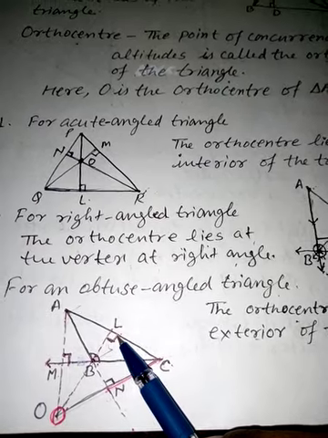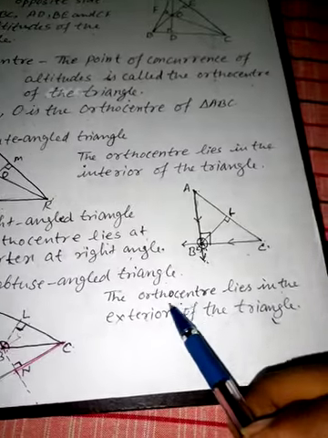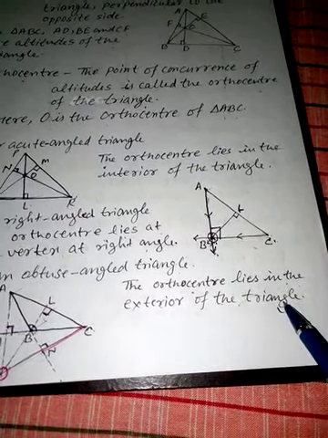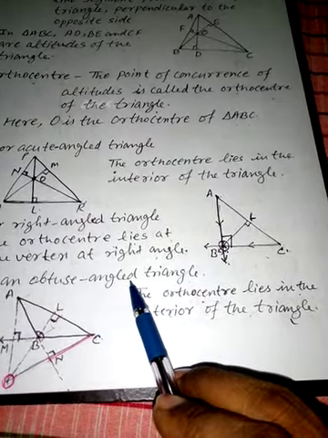Hence we can say that the orthocenter lies in the exterior of the triangle when it is obtuse angle triangle.